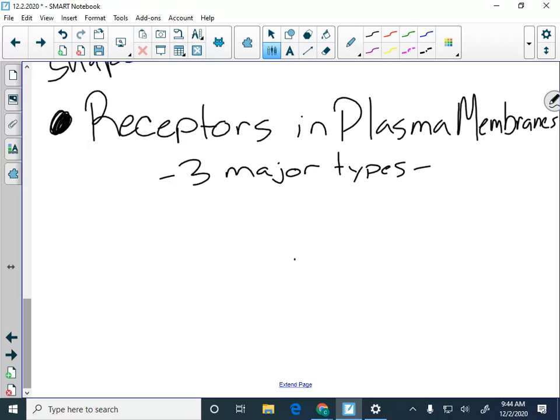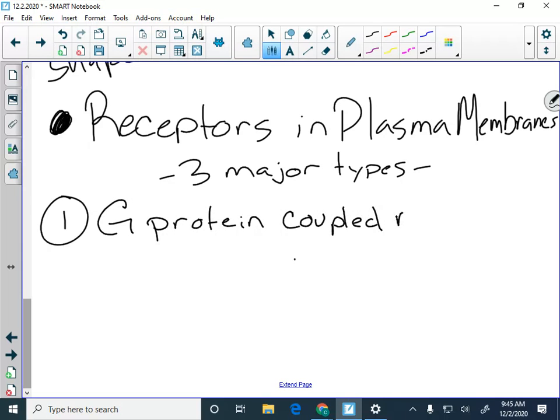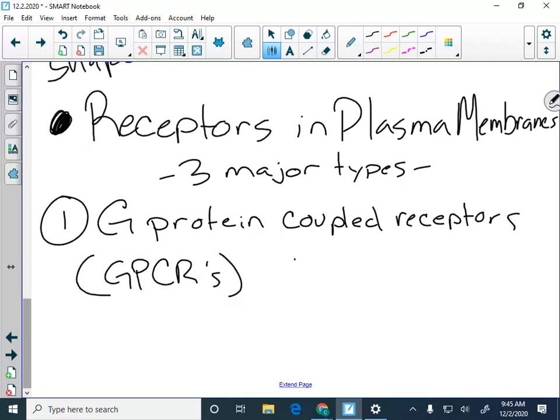And because they are so common and because they pop up a lot, they're the ones that I'm going to be going into in the most detail. They are called G protein coupled receptors, or GPCRs. This is the largest family of receptors.